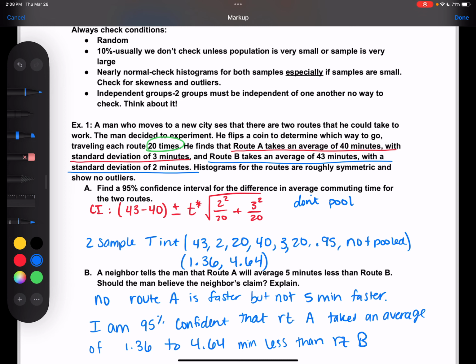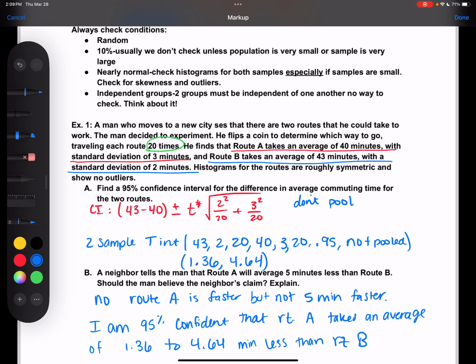I think if we were to flip the numbers, we would see that it's negative, and so it would show route A is that much slower. I think it's showing how much longer route B takes in our confidence interval. Yeah. So we're just flipping it to say that A is less.